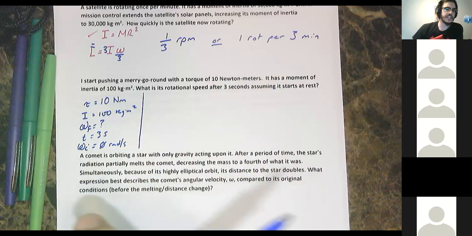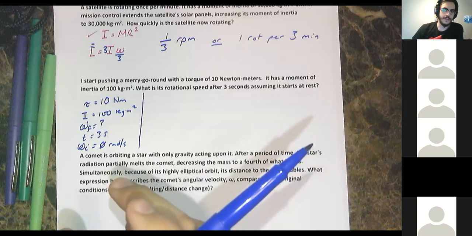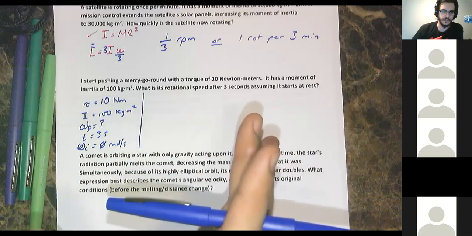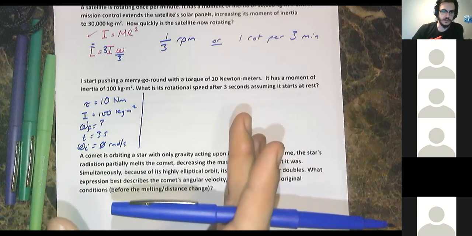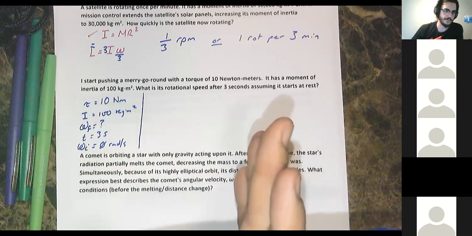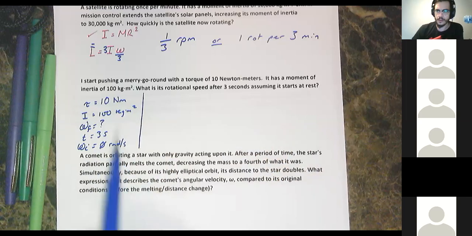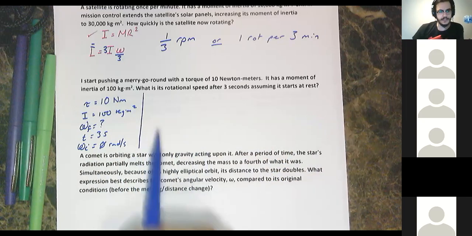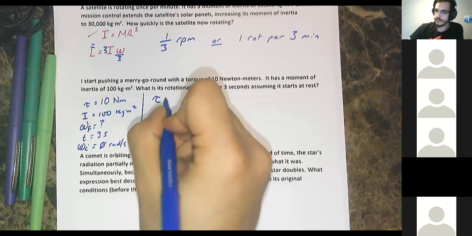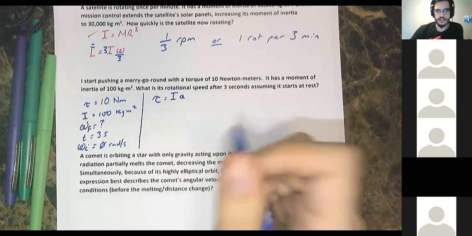This is kind of like those kinematic ones where you use F equals ma, Newton's second law. You use F equals ma to find acceleration from a force, and then you use the acceleration and a kinematic to find some other quantity. We'll also have that again later in this sheet. But in this case, we're going to use the torque and moment of inertia to find the angular acceleration.